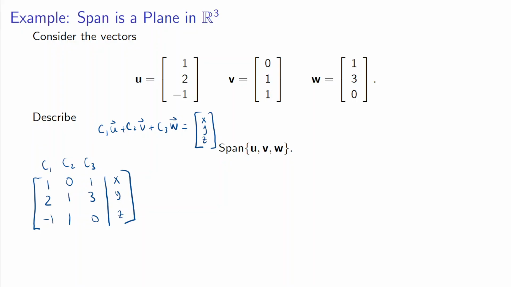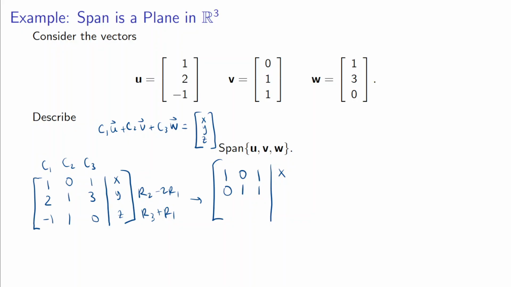If I'm row reducing this in an attempt to solve this system, I'd start by doing R2 minus 2R1 and R3 plus R1. Okay, so 1, 0, 1, x; 2 minus 2 is 0, and then 1, and then 3 minus 2 is 1.